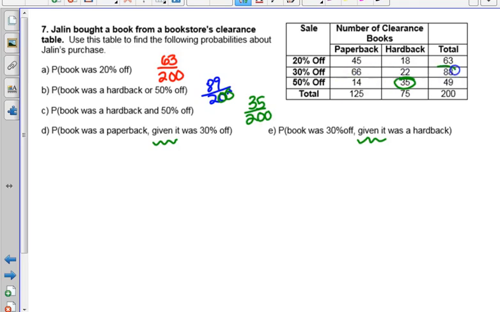That means the denominator is the 30% off, which is 88. How many were paperbacks out of that 88? Okay? Book was 30% off, given it's a hardback. Okay, given it's a hardback means the denominator is what? 75, and 30% off was 22.